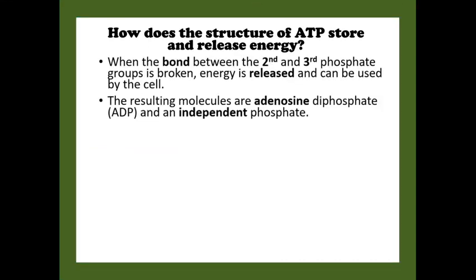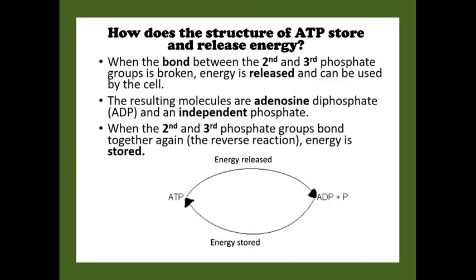Now, how does the structure of ATP store and release energy? So, when the bond between the second and third phosphate groups is broken, energy is going to be released to be used by the cell. So, the resulting molecules are going to be your adenosine diphosphate, which is ADP, which has an independent phosphate attached to it.